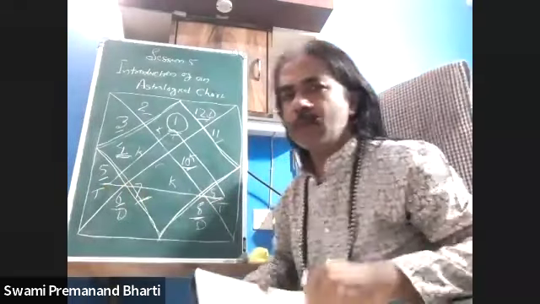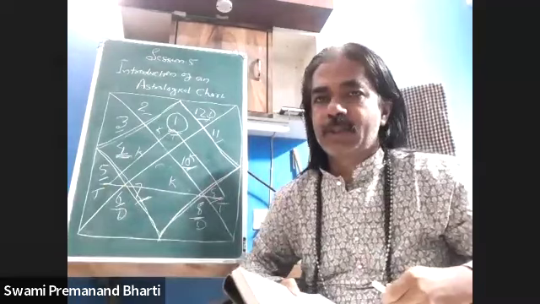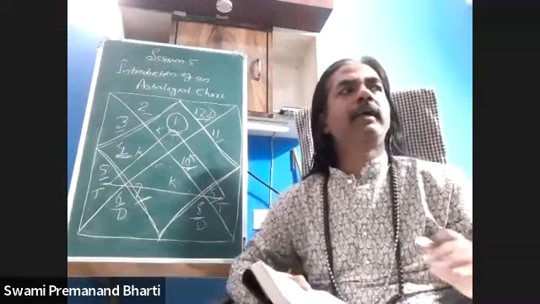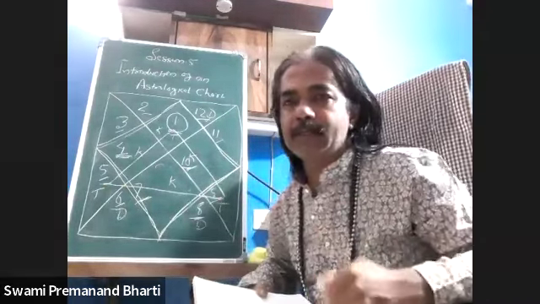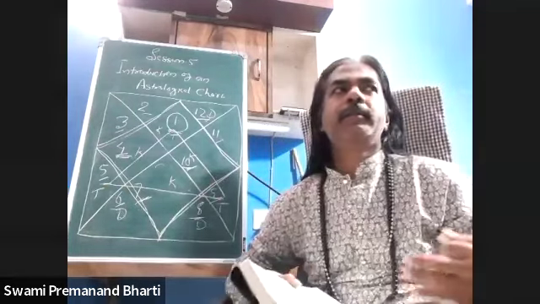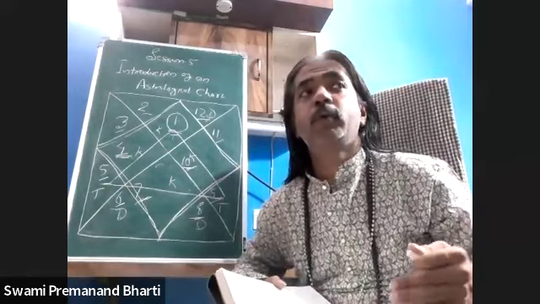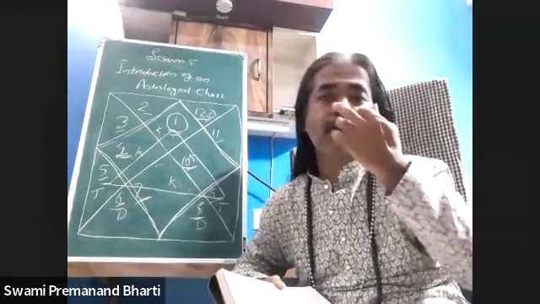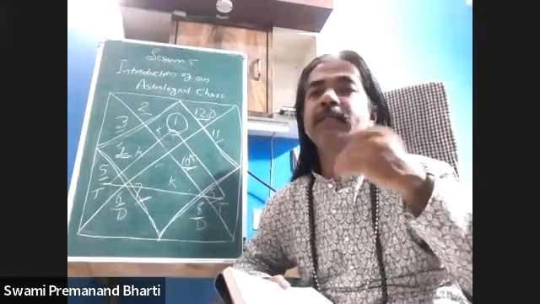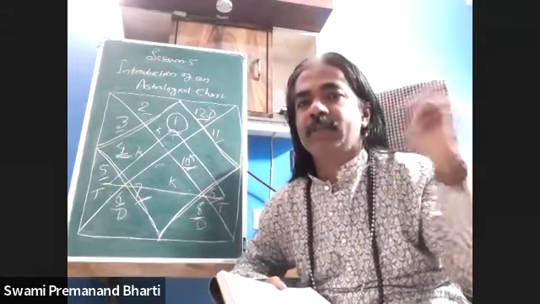Why are they called Dushtana houses? They represent some difficulties in life, some obstacles in life, or if we want to accept the difficulty, we can say they represent some challenges in life.